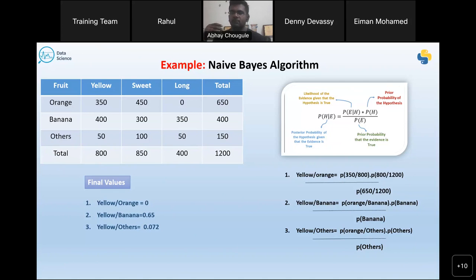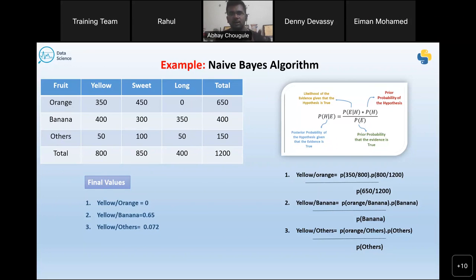Every prediction category will go with each and every observation point. And the logic behind it is probability, the Bayes theorem, that formula, right? And then it's going to find some answer.